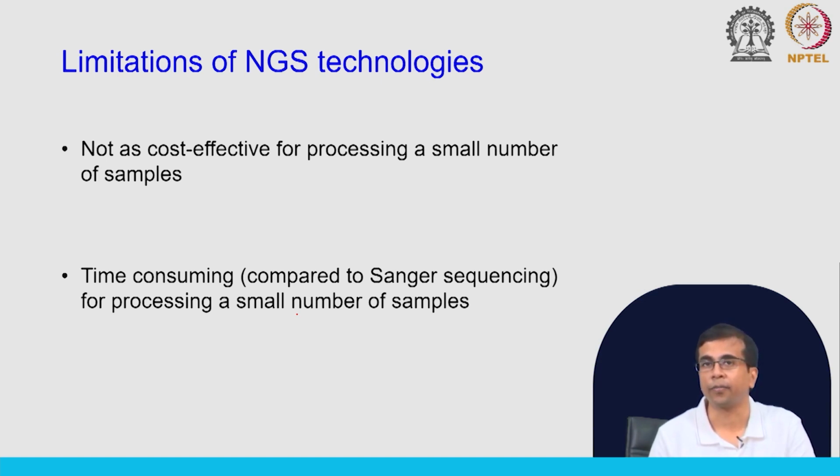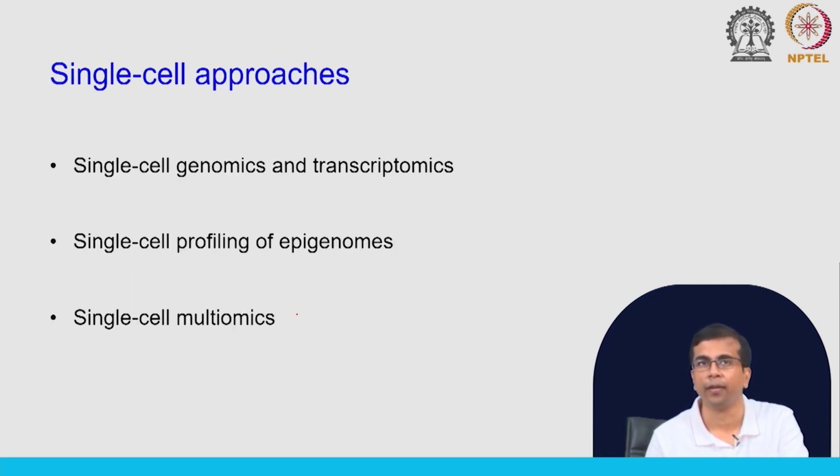The second problem is time, it is very time consuming if you are processing a small number of samples, but then you can probably go through the Sanger sequencing route. And in addition, with the newer advancements, we are making these steps, like library preparation, much simpler, so that we take less time.